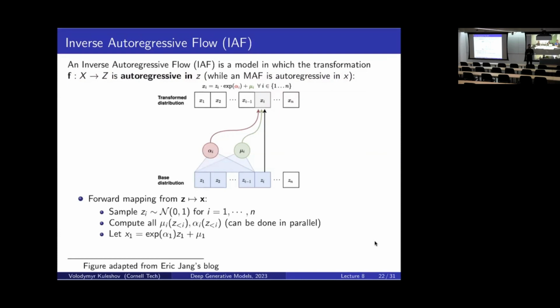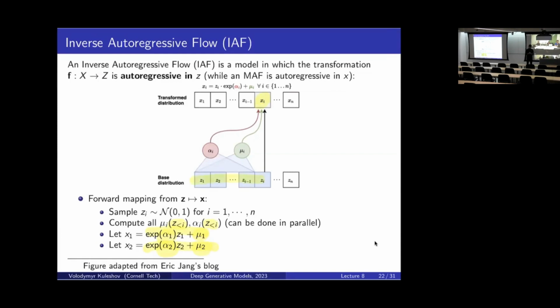And then we can form the X's in the same way, right? So X1 equals X2, et cetera. So this is the same type of transformation, except that the mu and the alpha are no longer functions of X, they're functions of Z. Or in other words, here I want to generate this Xi.